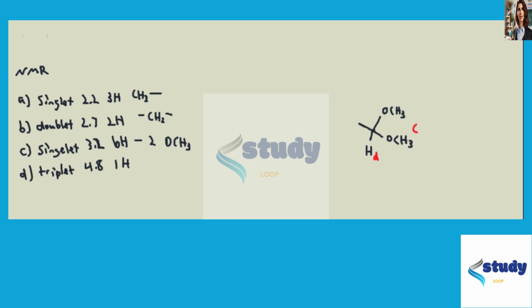Both of these, 2.2 and 2.7, are somewhat downfield. So what I'm thinking is that we have our ketone. Well, sorry, we don't know it's a ketone yet. So we have our carbonyl, and I'm thinking that this methyl group is on one side of it, and this methylene group is on the other.